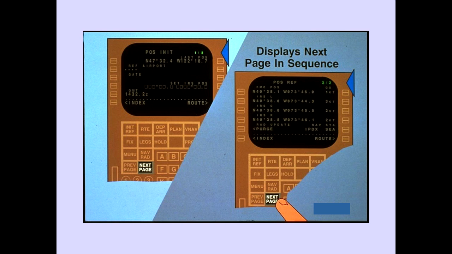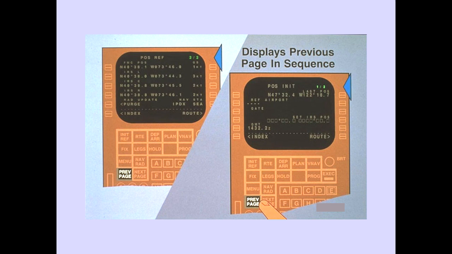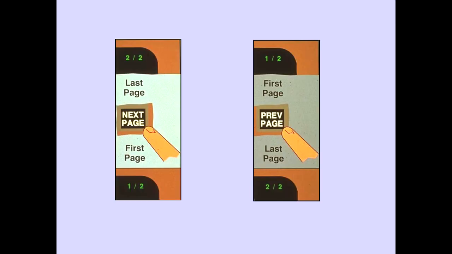With multiple pages, pushing the next page key displays the next page in the sequence. Pushing the previous page key displays the previous page in the sequence. The last page displayed, pushing the next page key displays the first page. With the first page displayed, pushing the previous page key displays the last page.